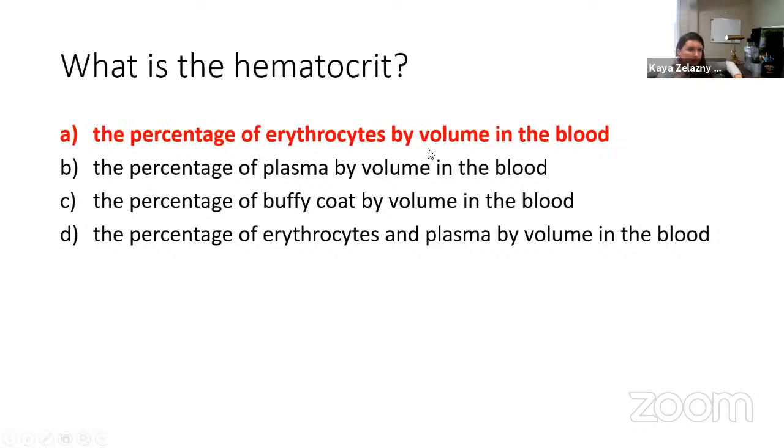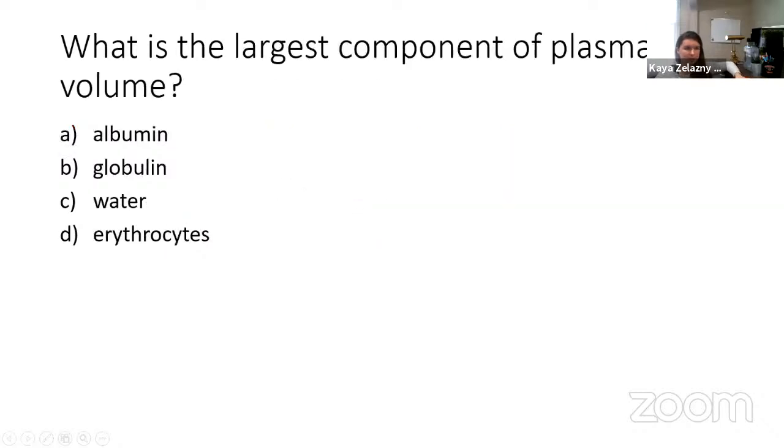So the hematocrit is what percent of erythrocytes, so our red blood cells, are in our volume of the blood. And second quick reminder, what's our largest component of the plasma? So we're going to take a little look at that test tube that I know we saw in Phys 1 in a second.